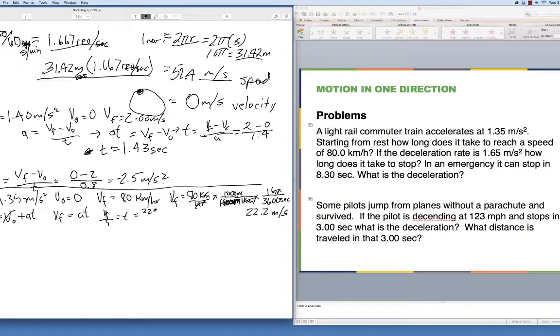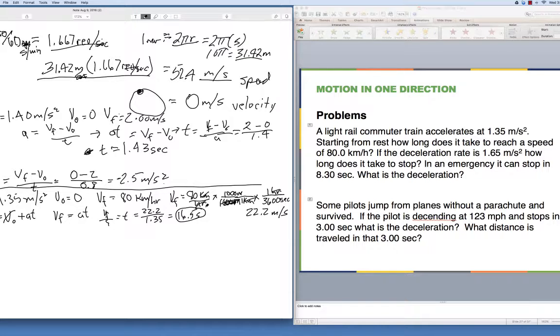So that's 22.2 divided by 1.35, or 16.5 seconds to 3 significant figures.